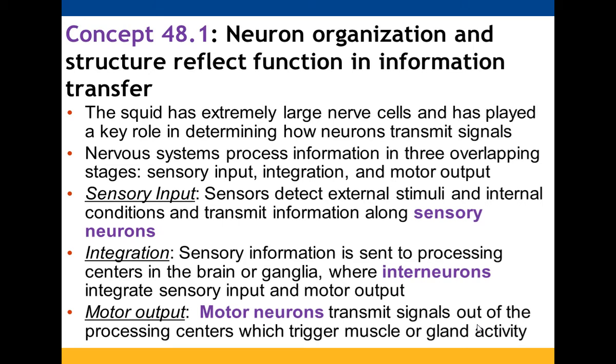They move information along to the integration stage, where interneurons are able to integrate sensory input and motor output. These are typically in the brain or again in your ganglia. And then in the motor output, we use a third type of neuron, a motor neuron, which moves signals out of these processing centers. And the motor neurons, when they transmit these signals, are able to trigger muscular and or gland activity.